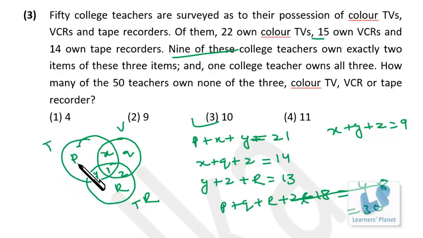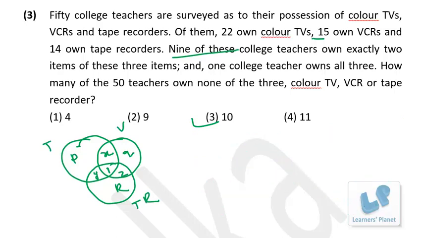Now, apart from Venn diagram, I can discuss the method of formula also. So to save time, you can use the direct formula as well. Now see, you might have attended the basic session of Venn diagram.